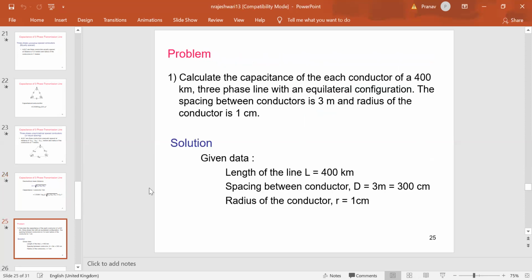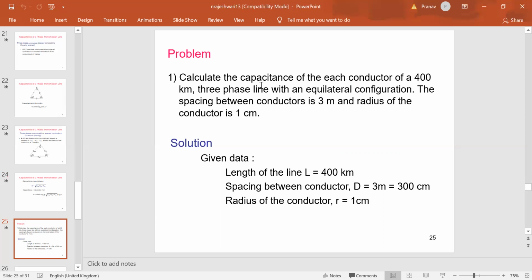So we'll see the problems regarding these equally spaced conductors and unequally spaced conductors. Calculate the capacitance of each conductor of a 400 kilometer three-phase line with an equilateral configuration. The spacing between the conductors is 3 meters and the radius of the conductor is 1 centimeter.